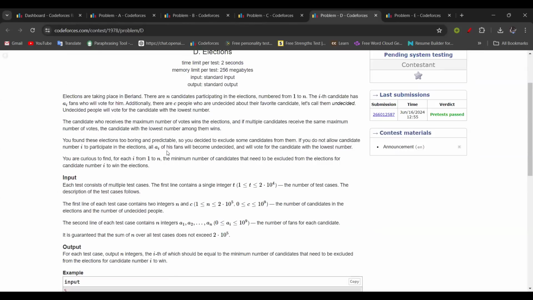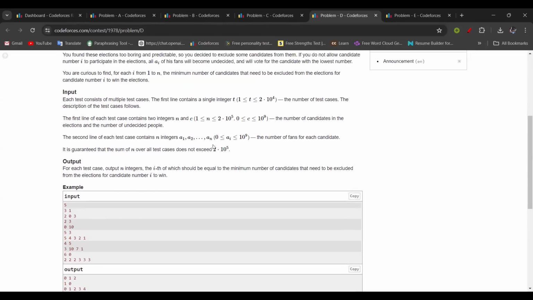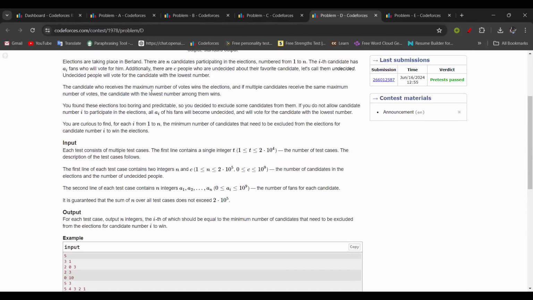Now, after the voting, the candidate who receives the maximum number of votes wins the election. And if there is a tie, that multiple candidates receive the same maximum, the candidate with the lowest number among them wins. So the candidate having the lowest number has a lot of advantages. If there is a tie, the lower number candidate would win there also.